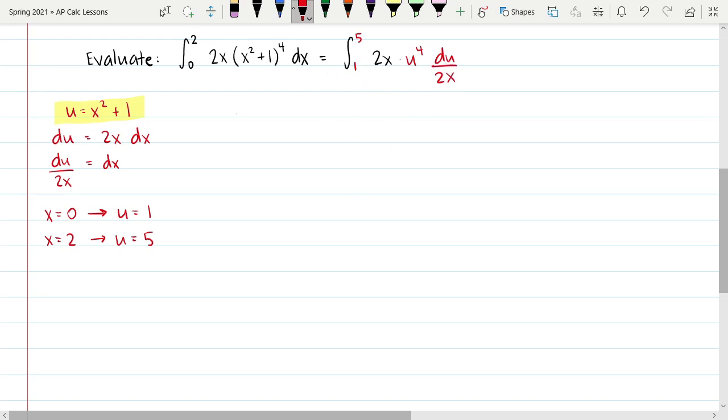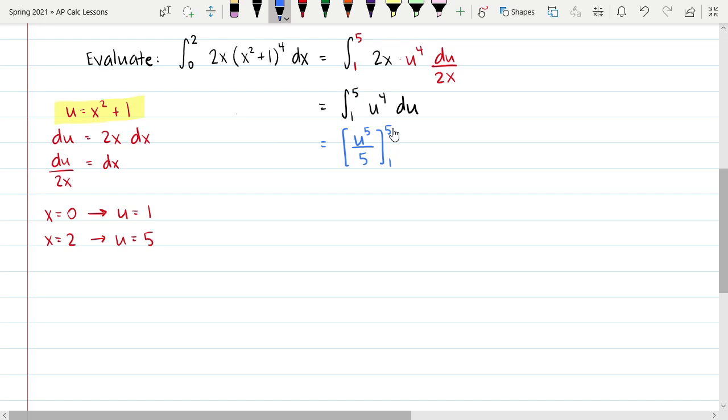So when I clean this up, I have the definite integral from 1 to 5 of u to the 4th du. And again, now I don't have to put u equals, because remember the du is already telling me that these are values of u. So now, to evaluate this, same thing, we're going to find our antiderivative. That's going to be u to the 5th over 5 from 1 to 5.